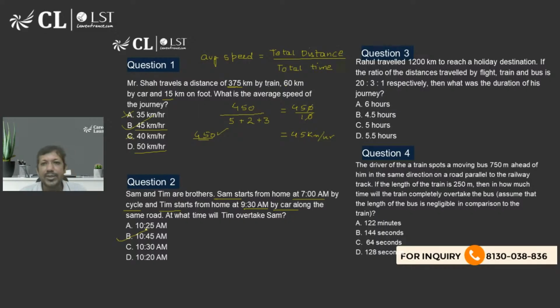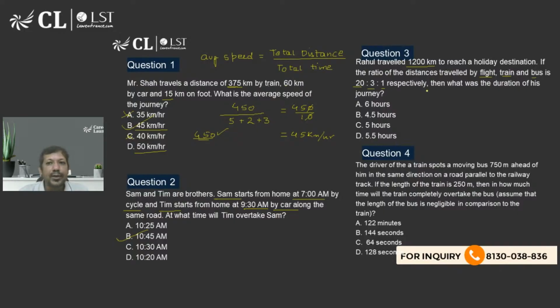Very nice. Now let's look at this. Rahul traveled 1200 kilometers to reach a holiday destination. Now, the ratio of distances traveled by flight, train, and bus is 20:3:1.